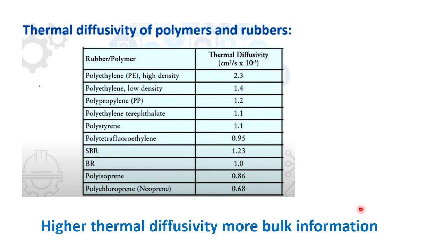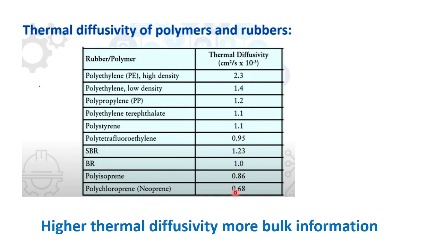Now thermal diffusivity of polymers is different because that is obviously an inherent property of a material. For example, high density polyethylene has a thermal diffusivity of 2.3 into 10 to the power minus 3 centimeter square per second. Polychloroprene has a very low thermal diffusivity, that is 0.68.